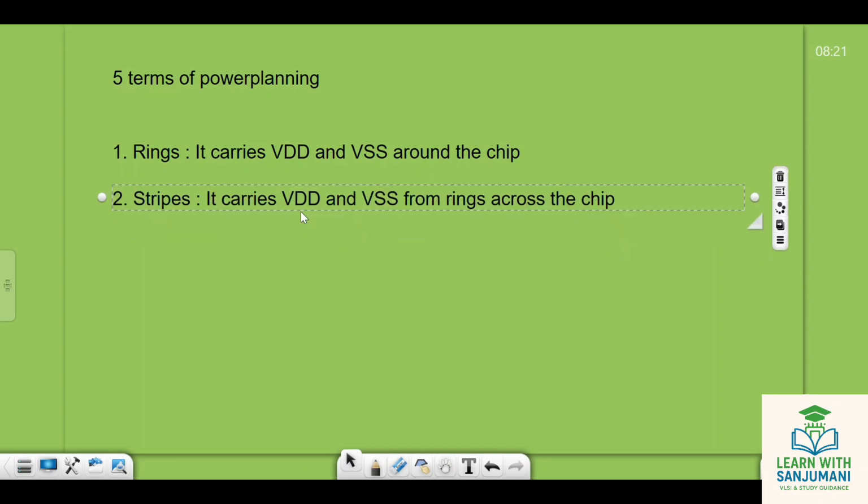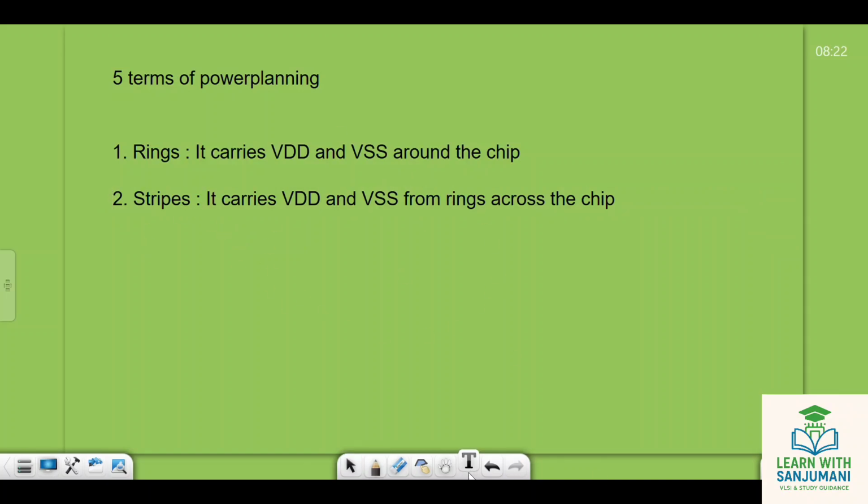Stripes get the power only from the rings. A simple example, it is like internal PCB tracks. Inside the chip, power comes from the edges. That is nothing but the stripes.